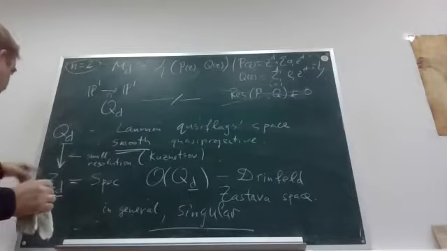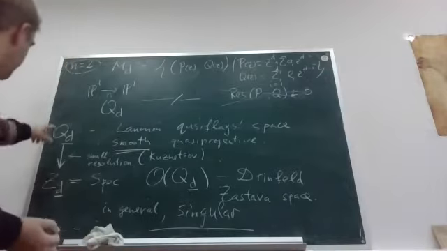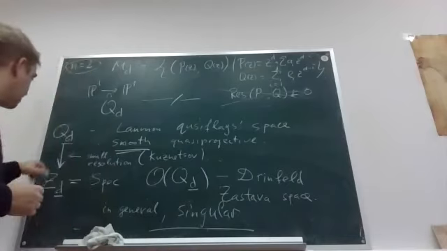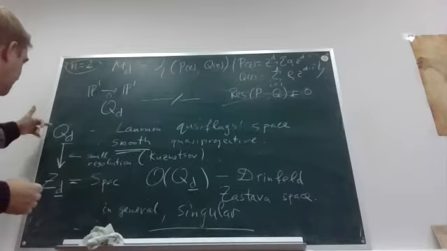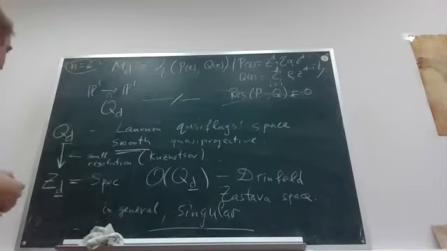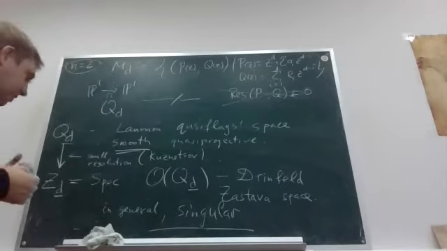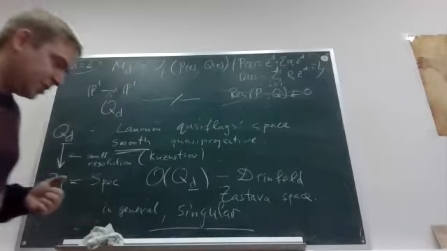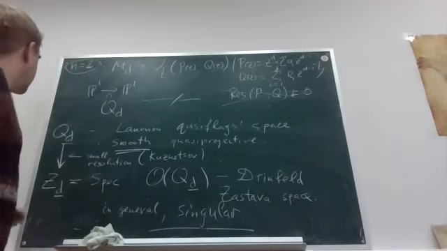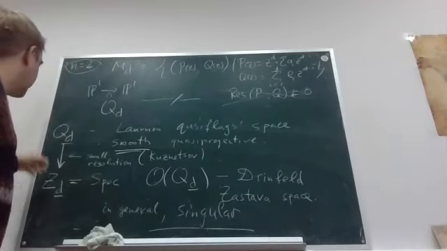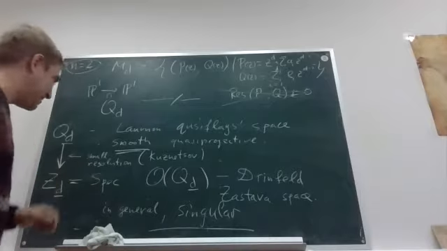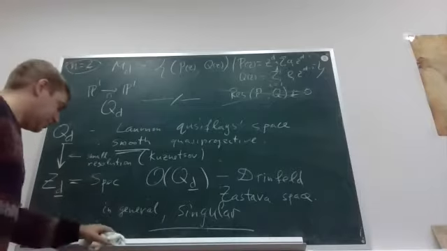So, in fact, for me, these spaces are interesting because they carry some geometric representation theory. Actually, you can obtain some representations of finite W-algebras in localized equivariant cohomology of these spaces, but I won't talk about this today.